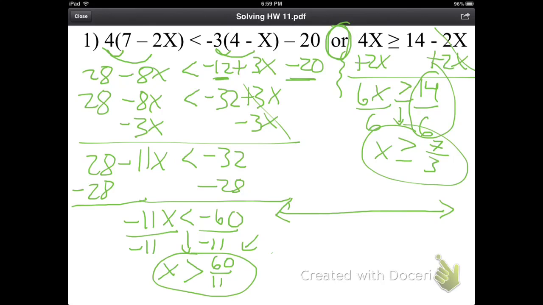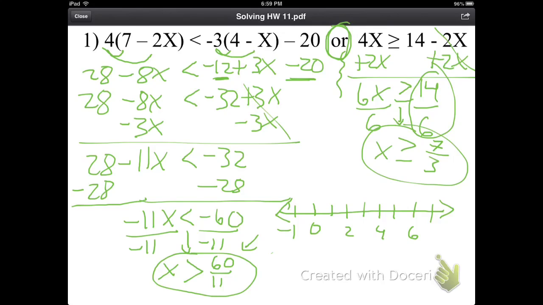And it's 60 over 11, which means it's going to be a little bit less than 6, actually. So I'm just going to start 0 over here and count up to 6. Maybe add a few more if I can. 2, 4, 6. And then that side's negative. So I got my number line drawn.